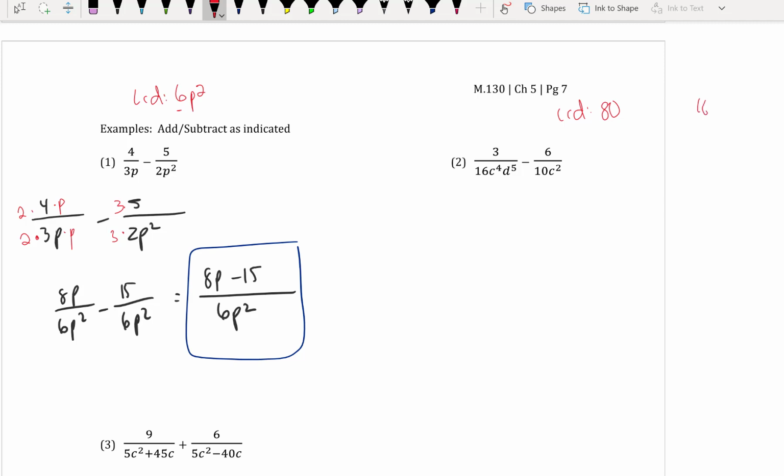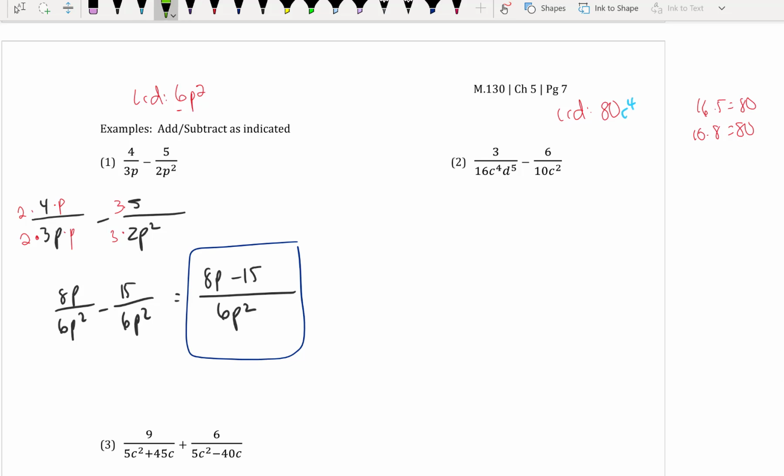I know that 16 times 5 is equal to 80, and 10 times 8 is equal to my 80. So I know that 80 is the first number that they both share in common. So I definitely have my 80. Now I'm going to look at my c variable. It looks like the biggest c is c to the 4th.